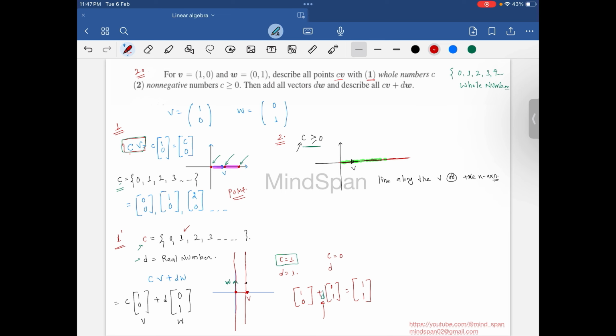And none of the lines will be in between these two. Think about it, why we are not going to get a line in between these two at any place.